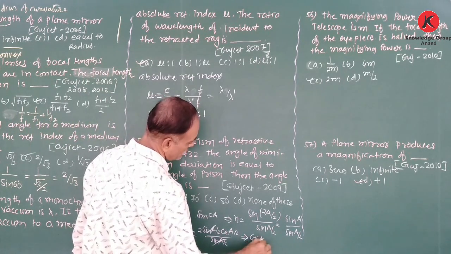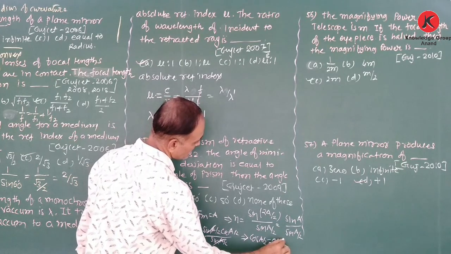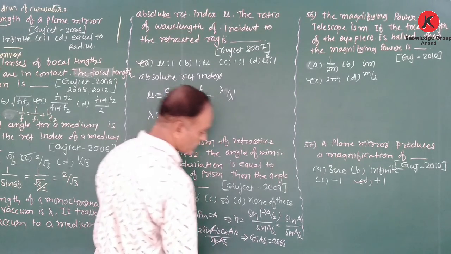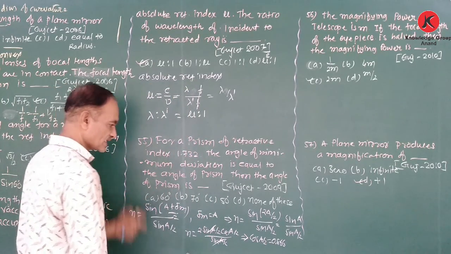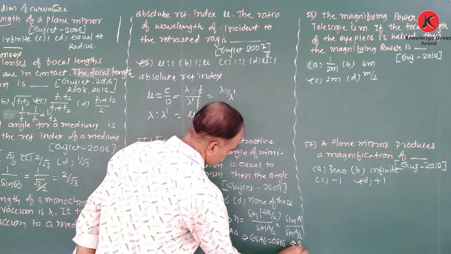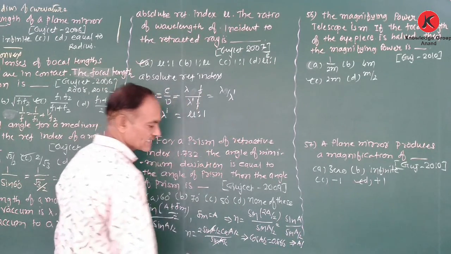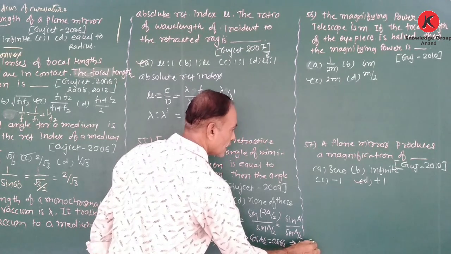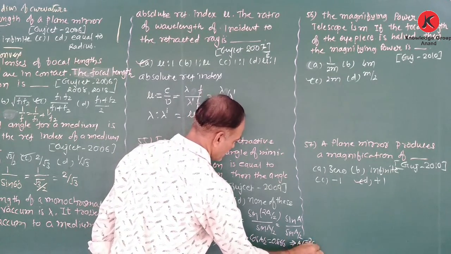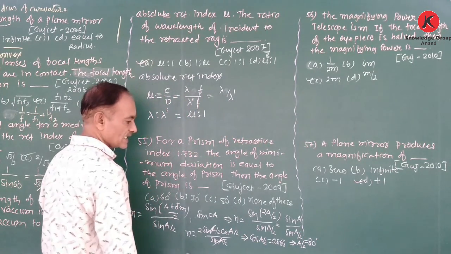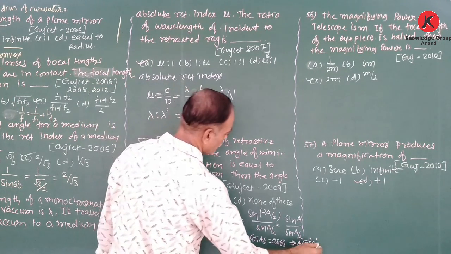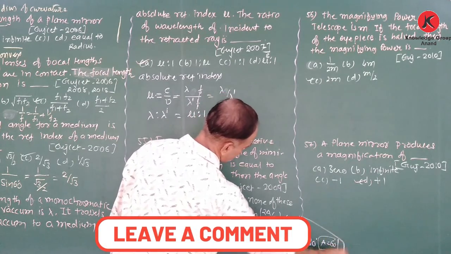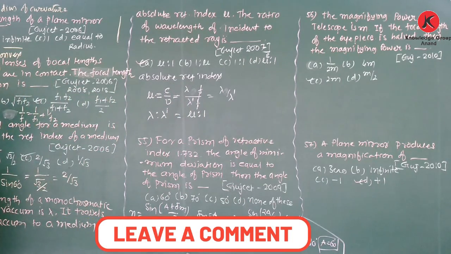Cos A by 2 is equal to 0.866, and cos 30 is equal to 0.866. So A by 2 is equal to 30, and therefore A is equal to 60.